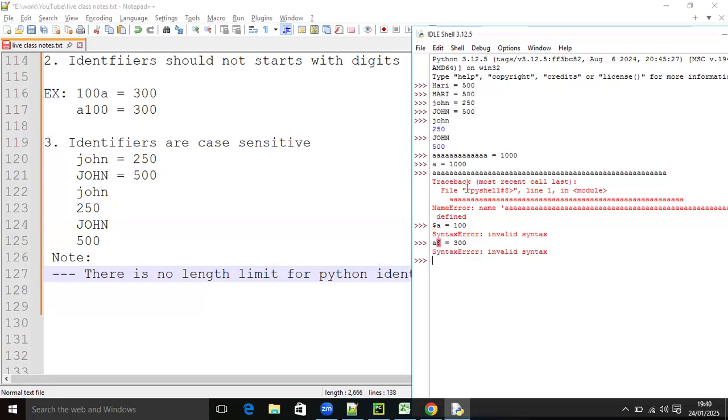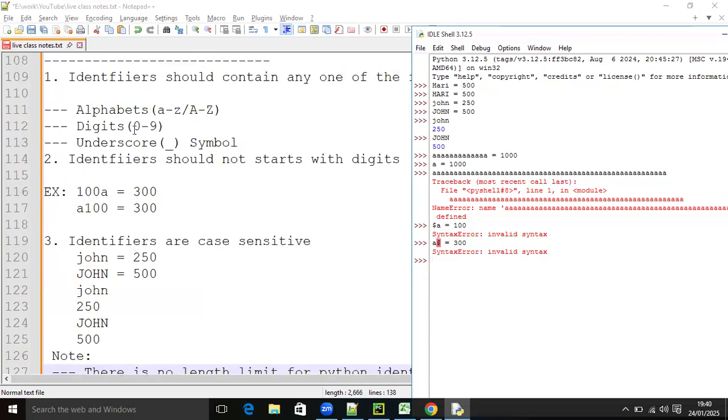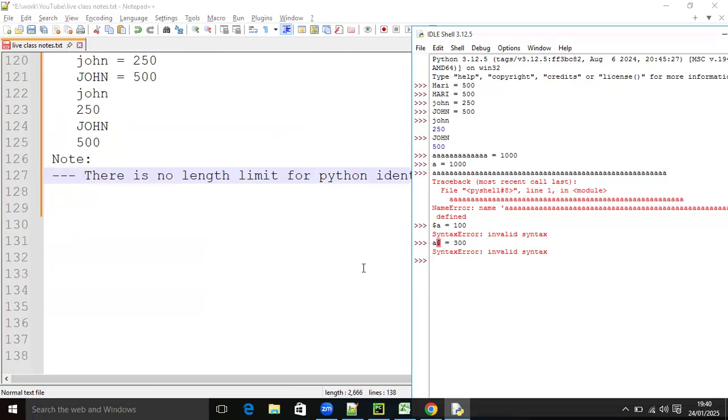Not accepted, because it will accept only, as we discussed in the last class, alphabets, digits and underscore. Remaining things it will not accept as its input, or as a name of an identifier. But it will accept underscore. We have tested that in the previous session.